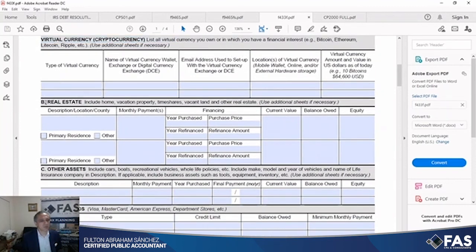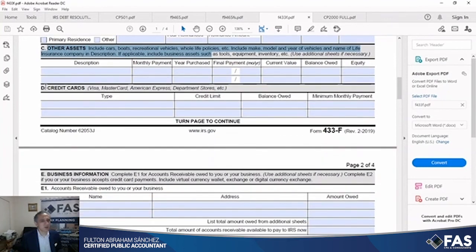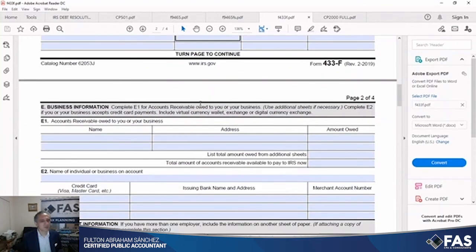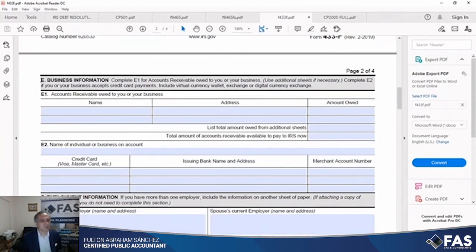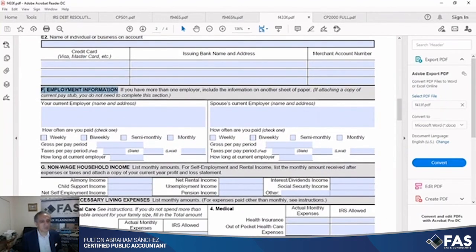If you have real estate, meaning that if you own your home, any other asset, cars, boats, or any recreational value, life insurance policies like whole life insurance, credit cards, this is your debt. If you have a business, and the employment information.